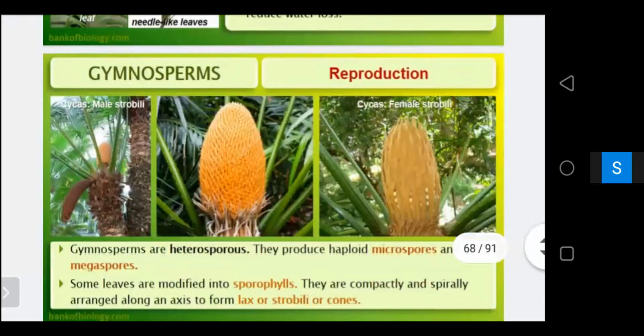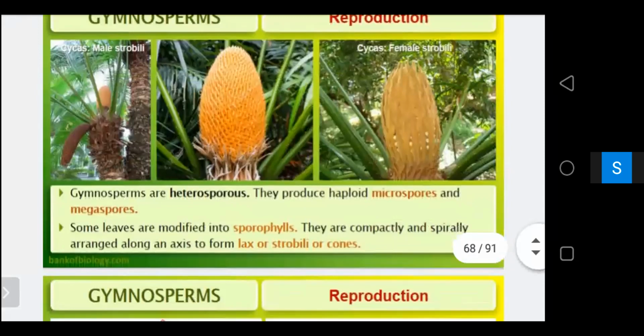Now you can see the reproduction. One more thing, they also have xylem and phloem, because xylem and phloem start from the pteridophytes. Pteridophytes, gymnosperms, angiosperms, all have vascular bundles. Algae and bryophytes did not have vascular bundles. True root and shoot start from pteridophytes, and they are arranged in vascular bundles.